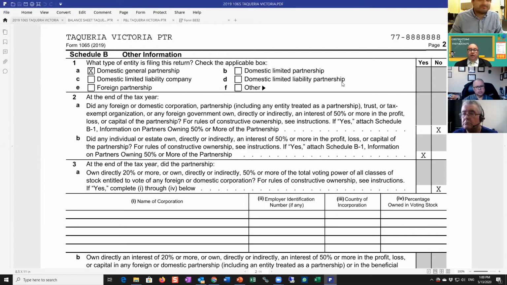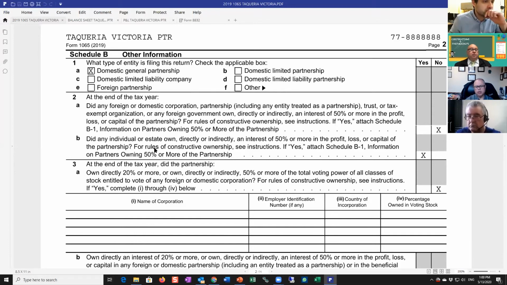A foreign partnership could be a partnership based in another country that is doing business in the United States. And other is anything else that doesn't fit here. Again, based on my experience, you're only going to use box A, B, or C. That's the primary use that you're going to find.